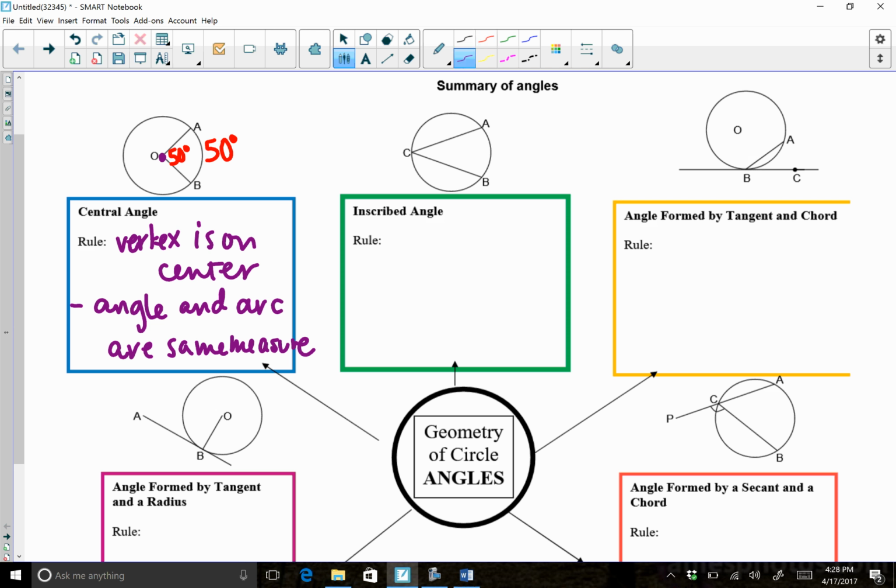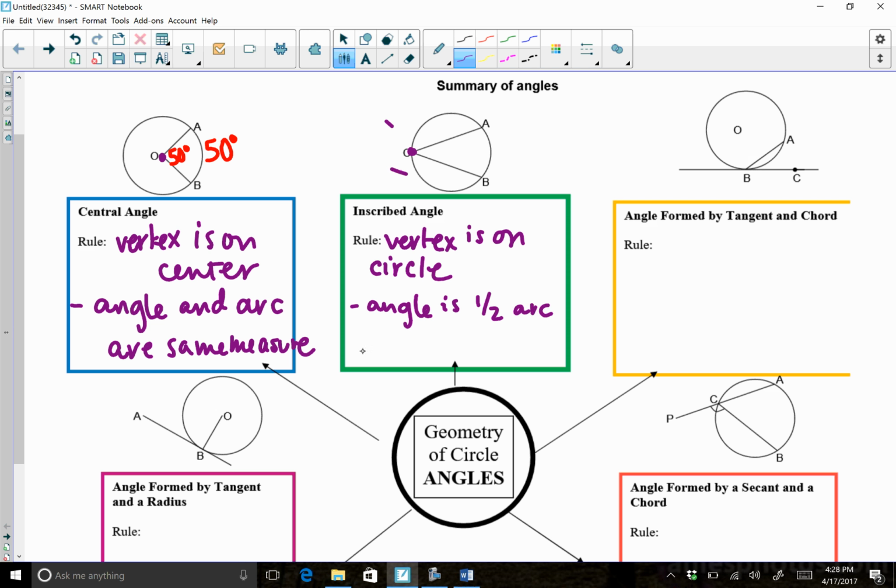Inscribed angles are a little different because what you'll notice is that their vertex is on the circle, on the circumference of the circle. And what we know about the relationship is that the angle is half the measure of the arc.